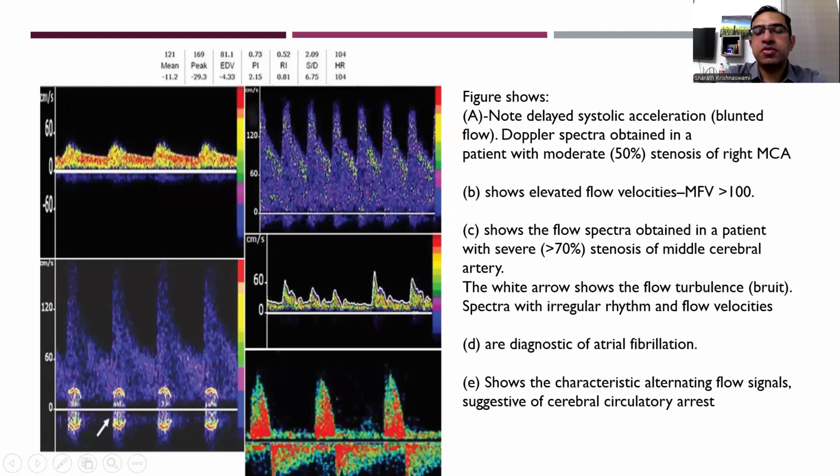Describing to you a few more examples of a delayed systolic acceleration. If you look at figure B, it shows an elevated flow velocity, a mean flow velocity greater than 100. So this is a possible stenosis in the patient. Figure C shows a flow spectra obtained in a middle cerebral artery with a stenosis of greater than 70%.